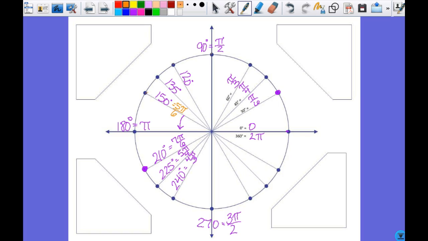So 135, right? The reference angle is 45. So pi minus pi fourths would be what? Because it's 4 pi fourths minus pi fourths is 3 pi fourths. For that 120, what's my reference angle in degrees? 60.